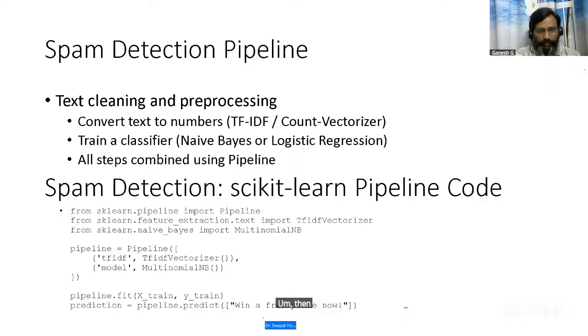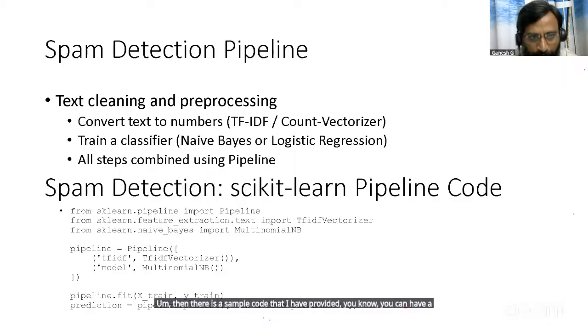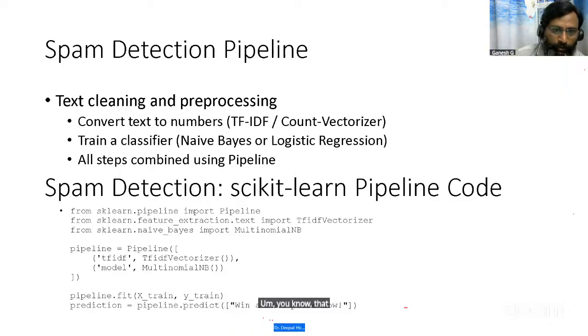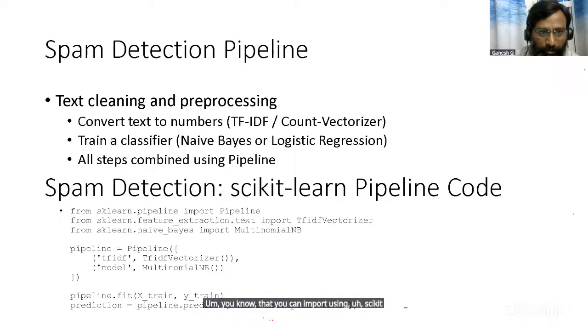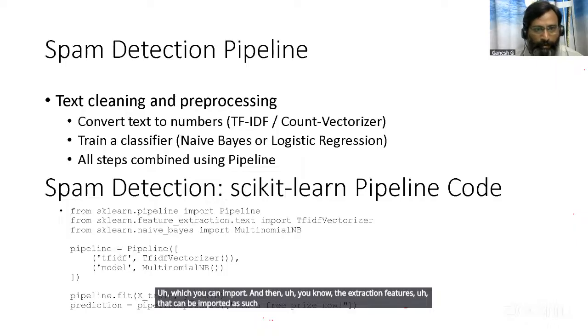Then there is a sample code that I have provided. You can have a pipeline that you can import from sklearn pipeline, and then the feature extraction can be imported as such, and then you can go for either logistic regression or naive Bayes.